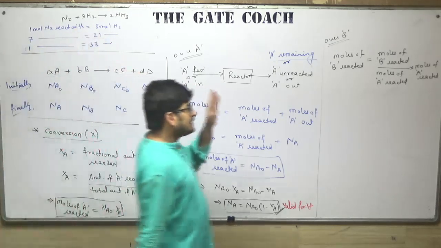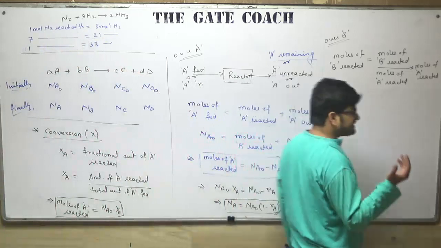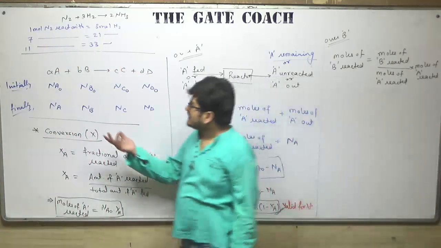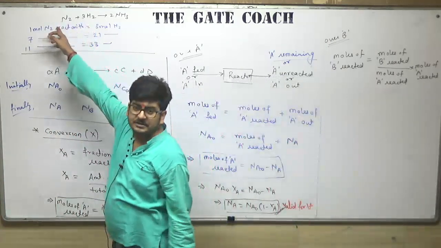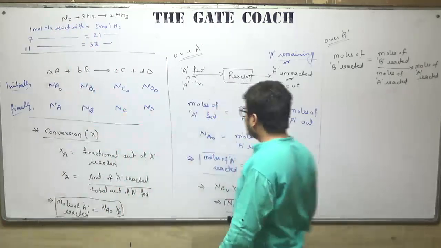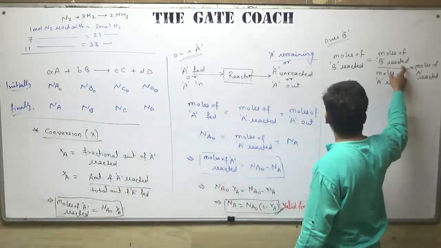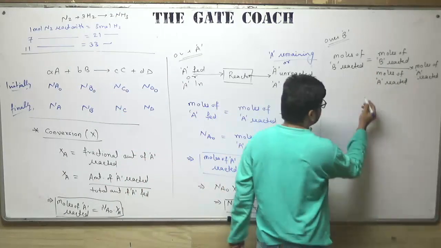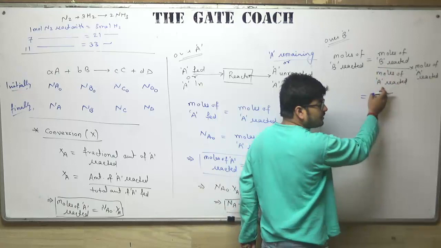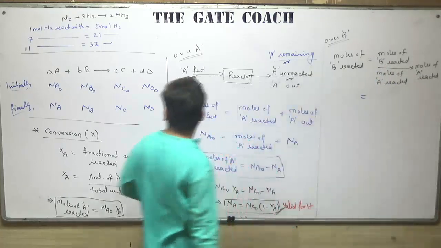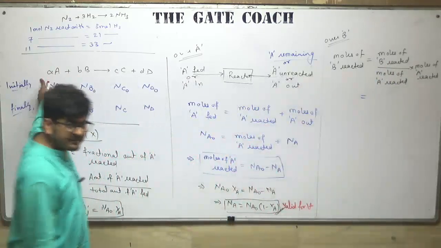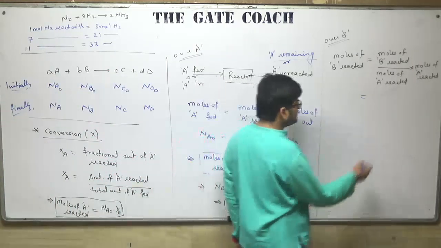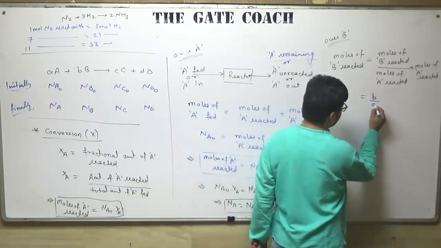And what is 3? 3 is the ratio of their stoichiometric coefficients. So similarly, if I want to write moles of B reacted divided by moles of A reacted, this ratio will be equal to the ratio of their stoichiometric coefficients, that is b by a.